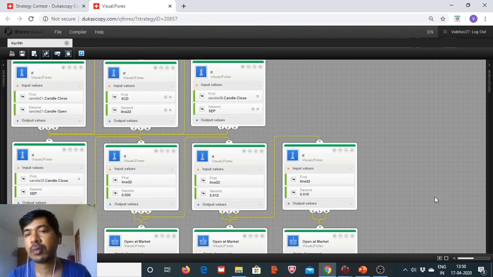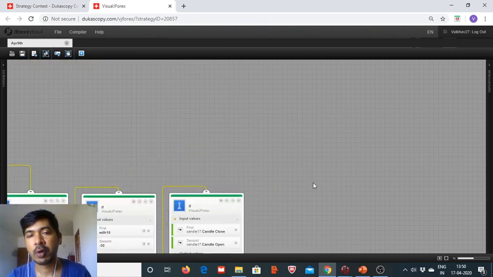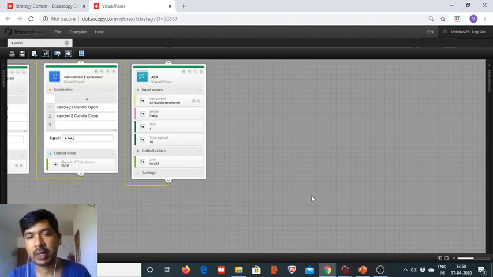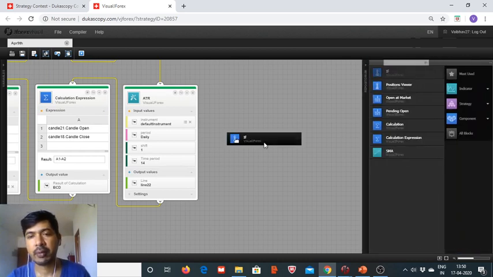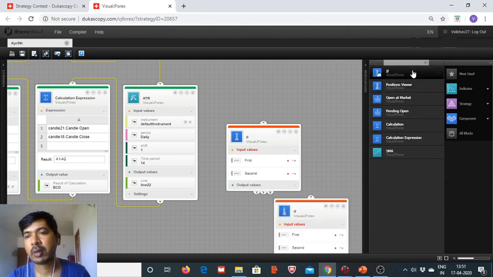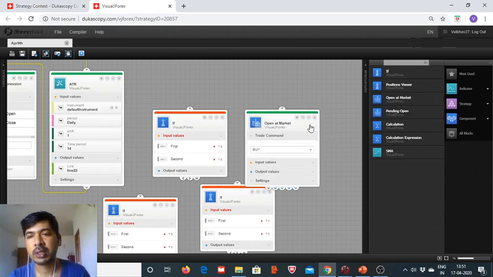Now we have to do the same thing for the buy side, and again we take 3 if conditions, and we take 2 market open blocks, and then we do the necessary changes. Open at market.